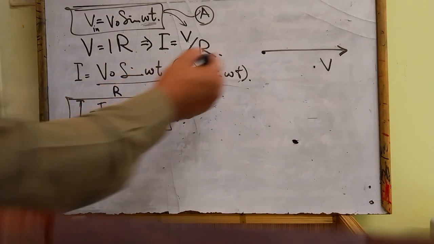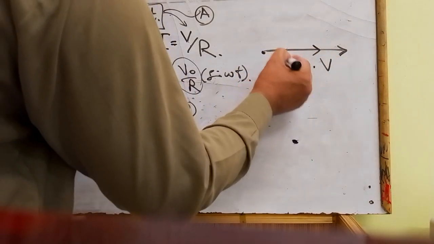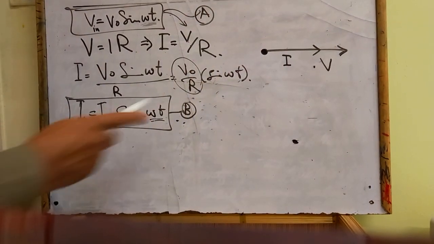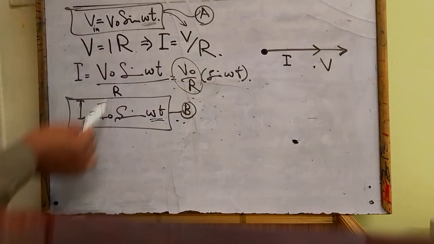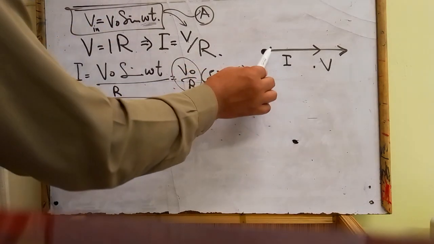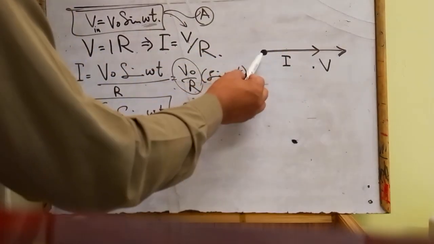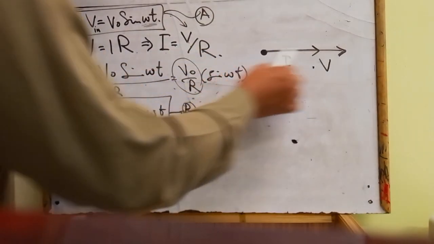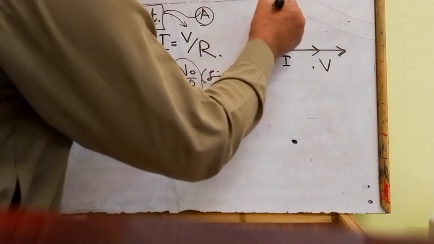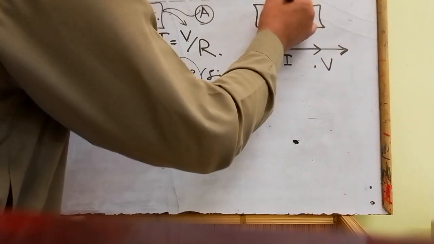And we can show this in the form of another vector for I. As the phase angle between the two quantities is zero, the phase angle is the same, so they must be parallel to each other. So this diagram shows that current and voltage are in phase whenever they are passing through a resistive circuit. What is a resistive circuit? The circuit in which we have applied a resistance R only.